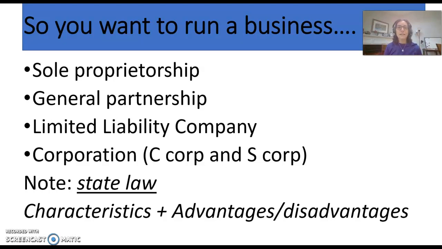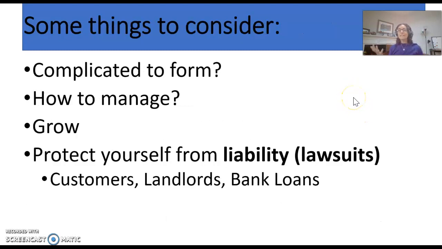The one law that does come from the federal government as it pertains to creating these businesses is tax law. So we're going to talk a little bit about how these entities are taxed, and how businesses are taxed is a matter of federal law, because although there are state taxes, we think about corporate tax as being a federal tax. So we'll mention that one as well. But primarily we're talking about states. All right, so some things to consider when someone's starting a business.